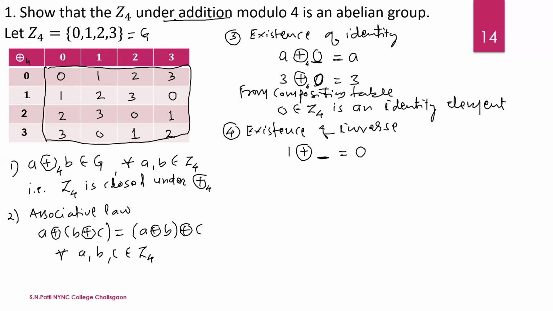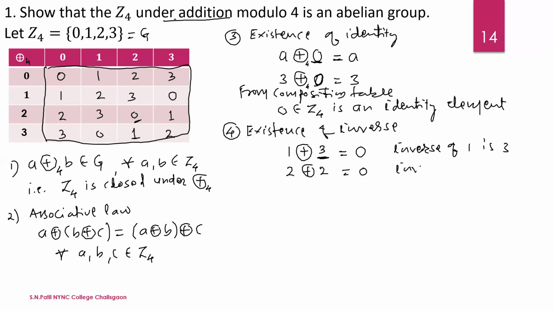So from composition, 1 plus 3, we get the 0. That is, inverse of 1 is 3. Now similarly, you can verify, 2 plus 2 is equal to 0.